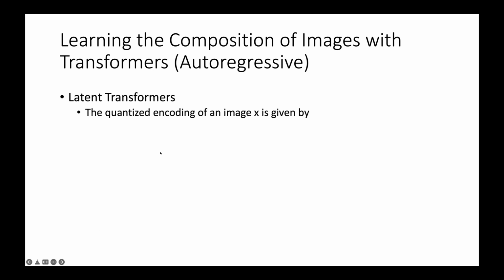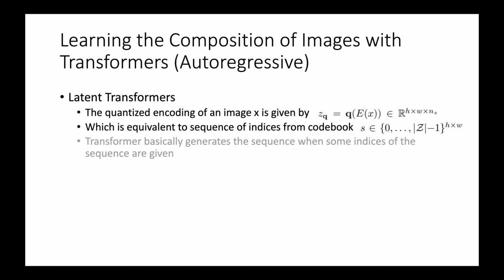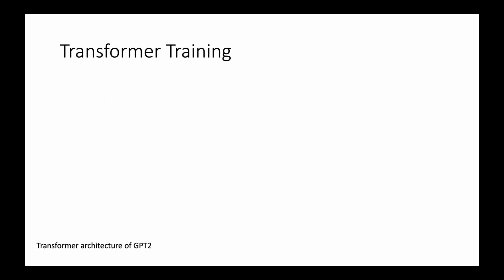They get the quantized encoding of X, ZQ, which is equivalent to feature map indices. The transformer tries to generate the sequence when some indices of the sequence are given. That is exactly what autoregressive models do, and image generation can be formulated as autoregressively predicting the next index of the sequence.